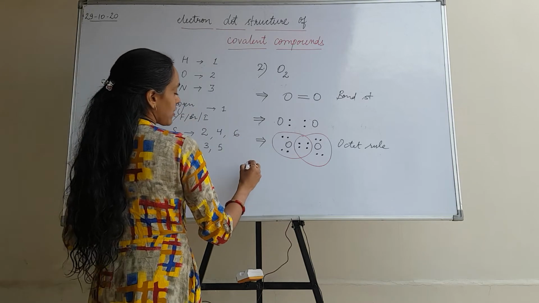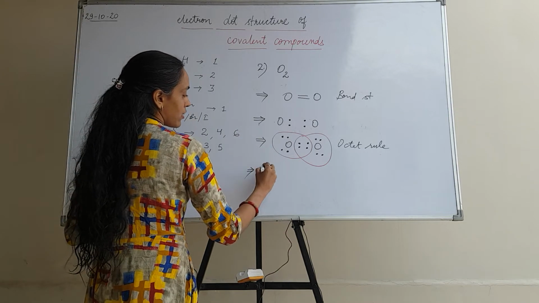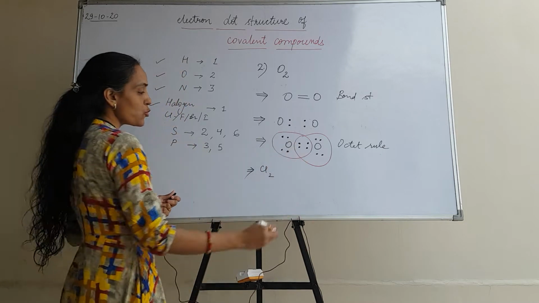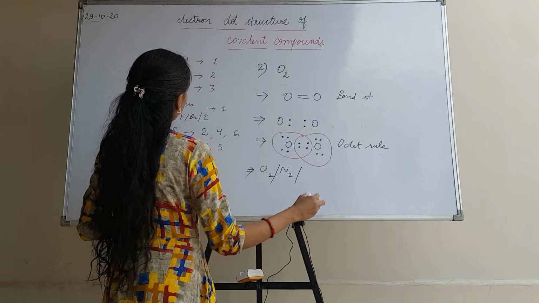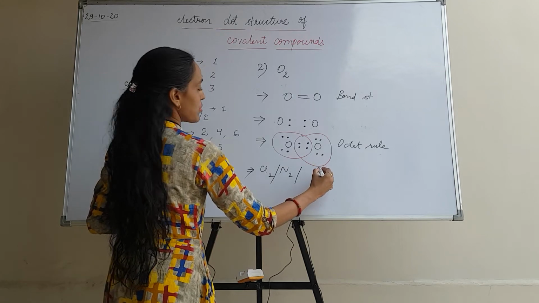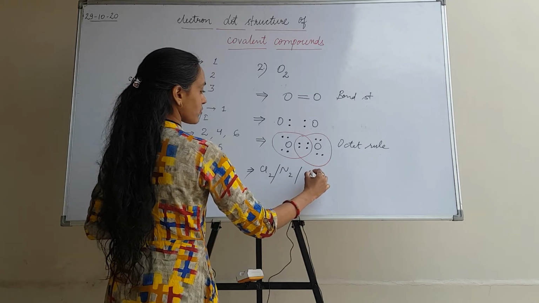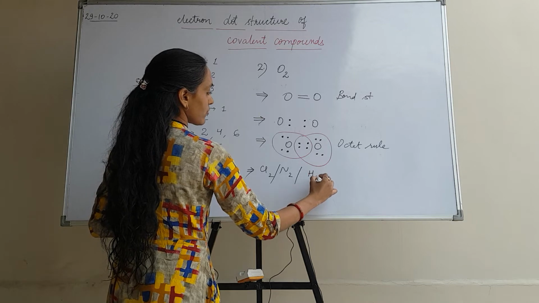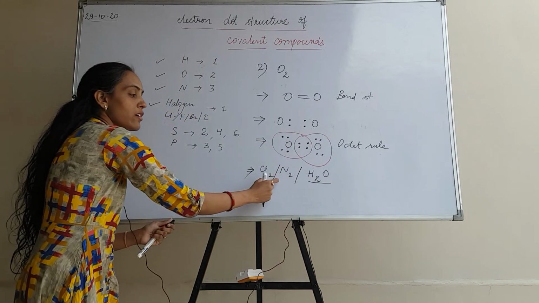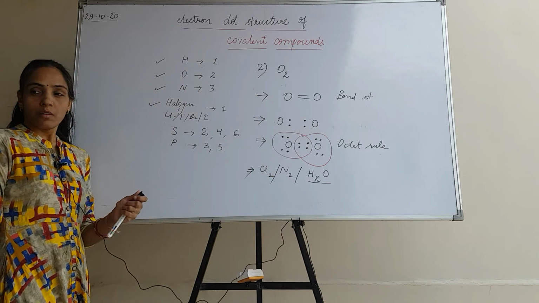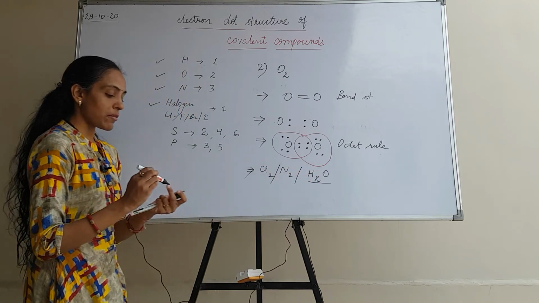Up till now we have done 2 examples wherein you have checked similar elements. For your own practice, you can do Cl2, N2. You can practice for H2O. Now you will think, okay, the others are about similar elements, but in this case 2 different elements are present.